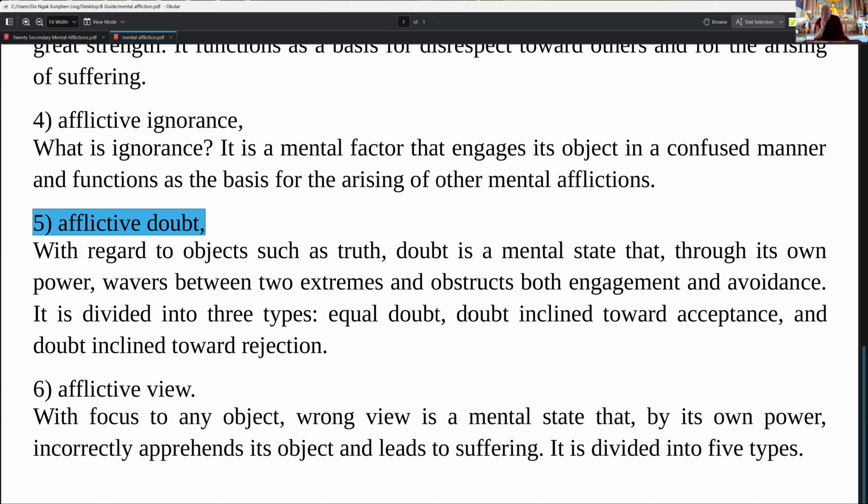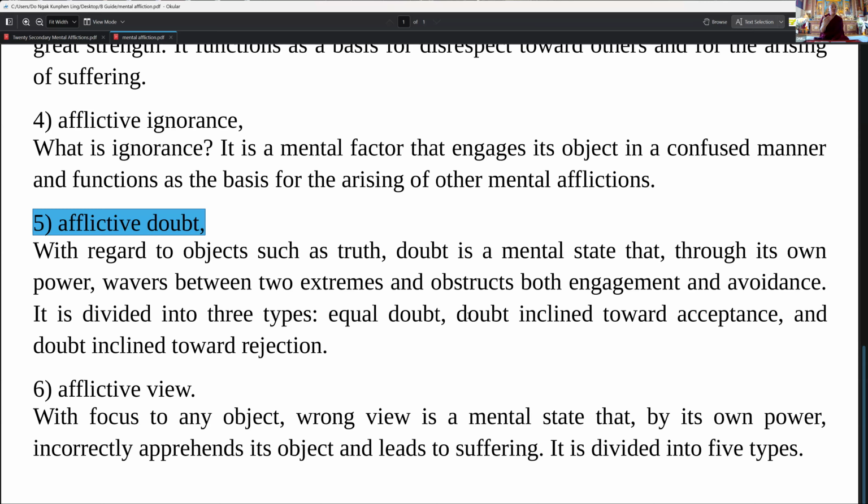Not really said about the afflictions here, right? No. Okay. The doubt actually obscures us from understanding the object of engagement and the object of abandonment.